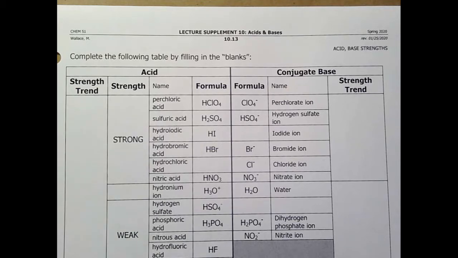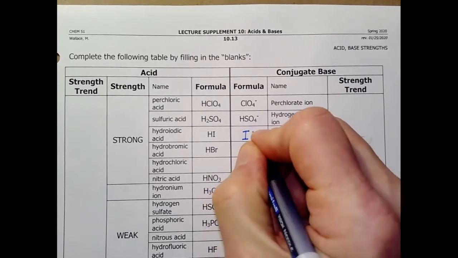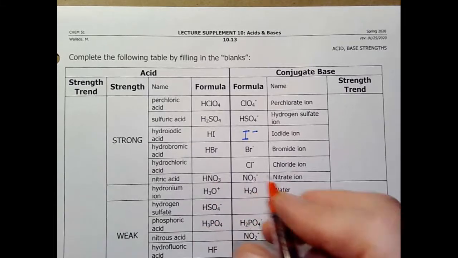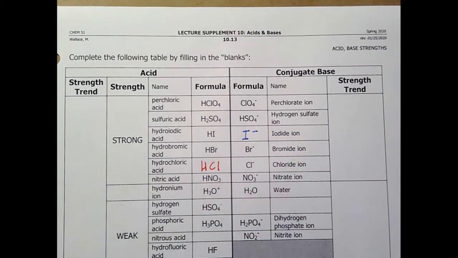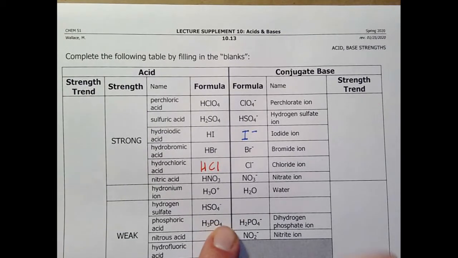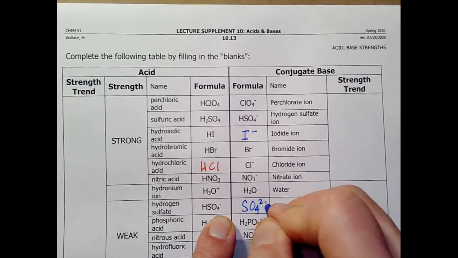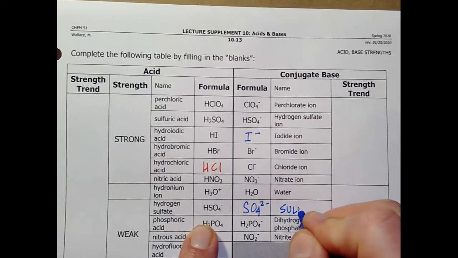All right, you stopped it and filled it out, right? So you said, okay, the conjugate base of HI is just I minus. The acid for this conjugate base, HCl, and so on. SO4 2 minus, and that of course is sulfate.